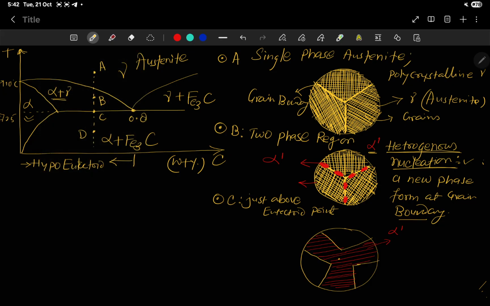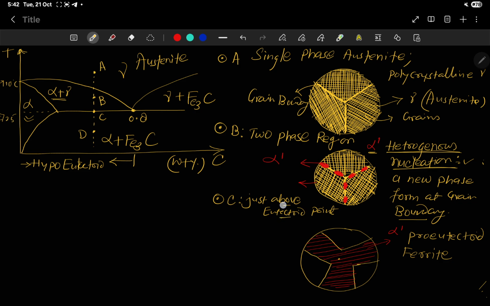This is called pro-eutectoid ferrite. Why? Because this phase is formed just before the eutectoid point, right?